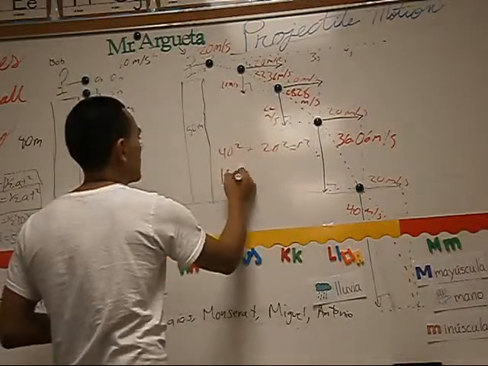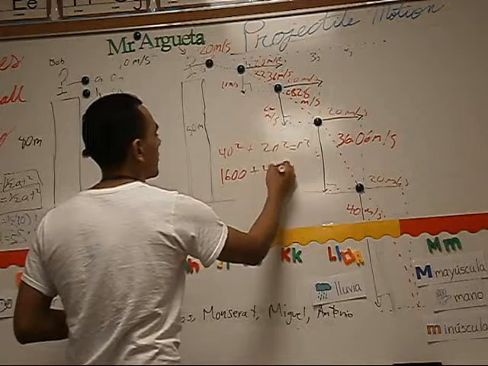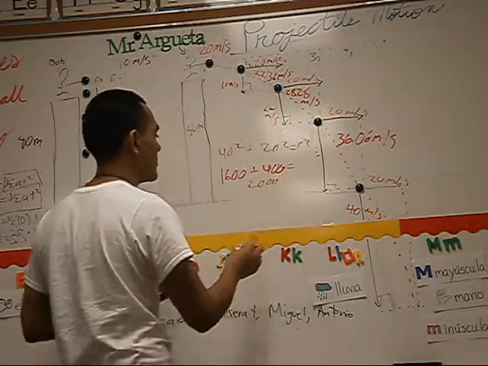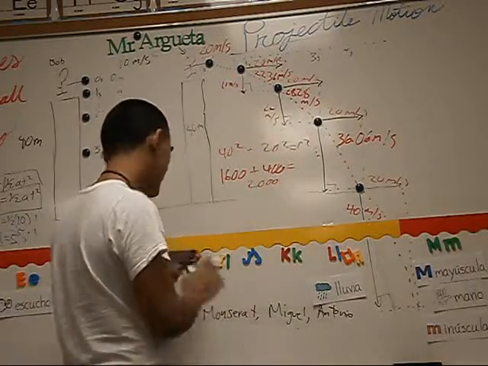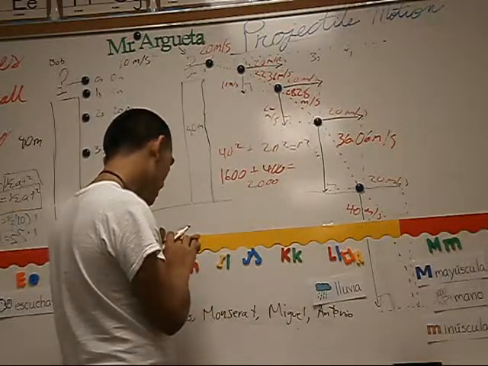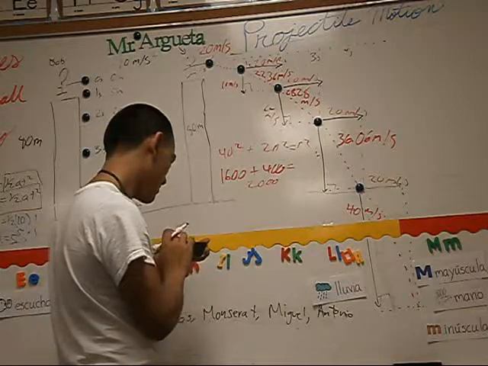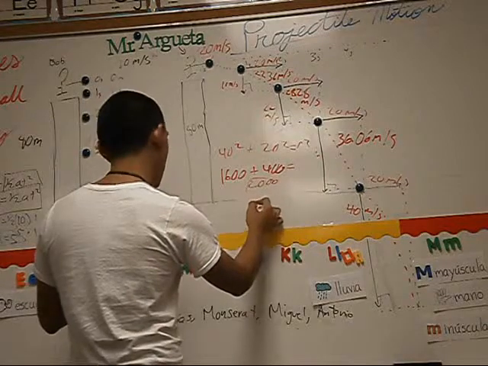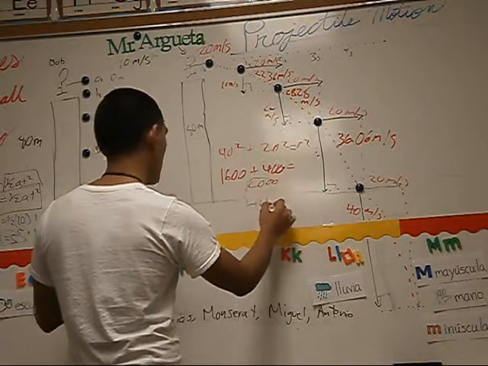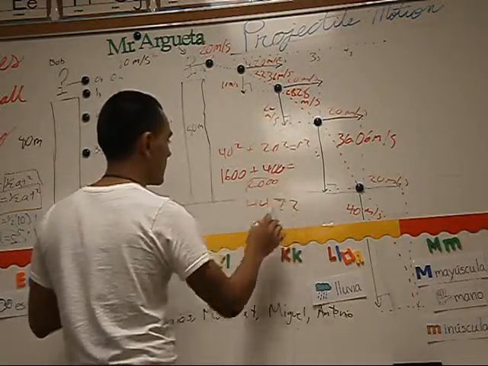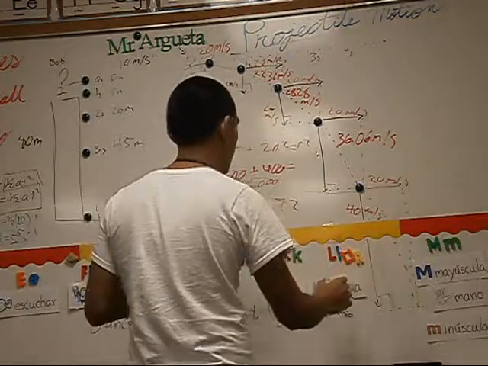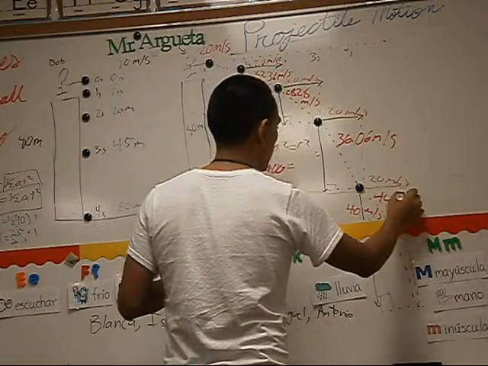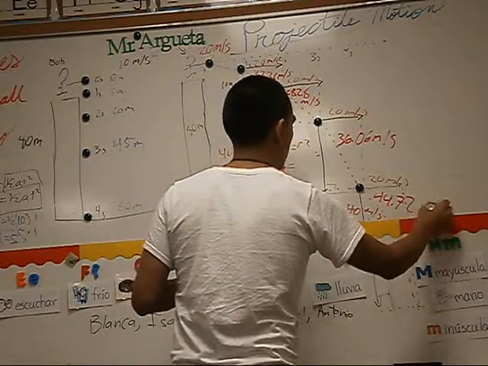That gives us 1600 plus 400 equals 2000. So the square root of 2000 is 44.72. And that's it. So this is going to be 44.72 meters per second.